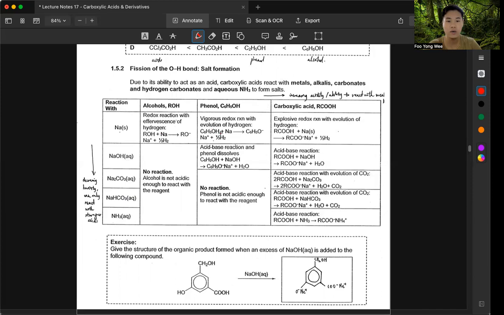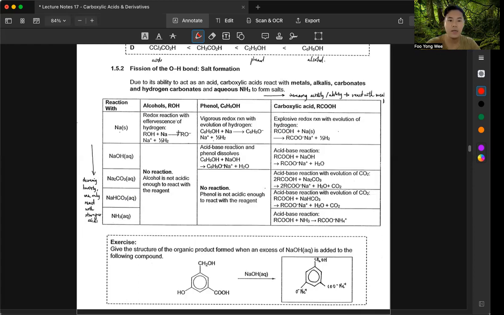Phenol also reacts and is even more vigorous, because phenol is more reactive compared to alcohol. Then carboxylic acid is more acidic, so it will react to a greater extent. As for carboxylic acid, it will be explosive.